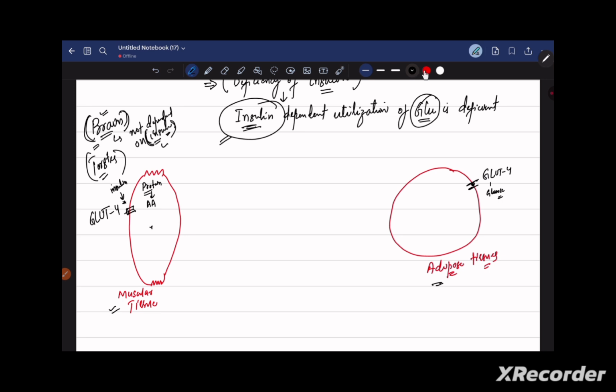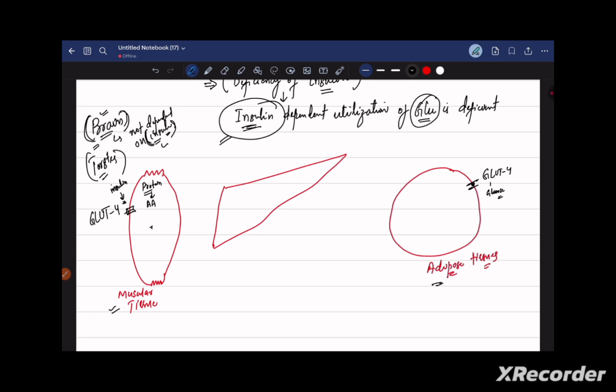Here you have to remember that everything is happening in the liver. These two tissues need glucose, but despite the presence of glucose in the blood, there is hyperglycemia, as it is diabetes mellitus.